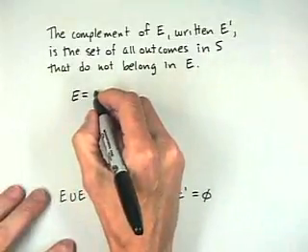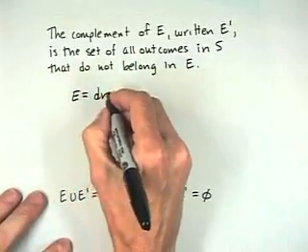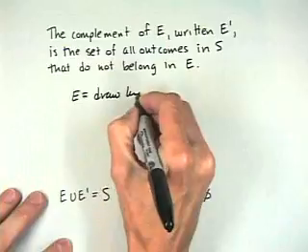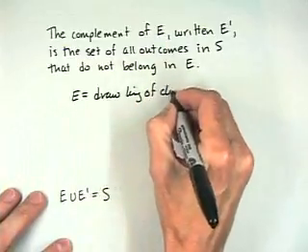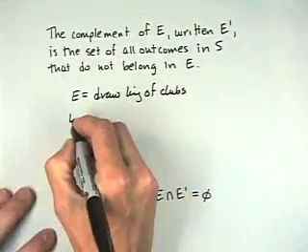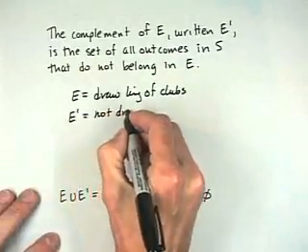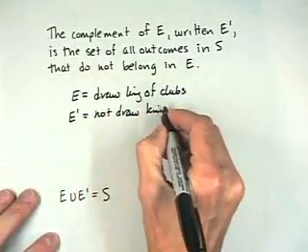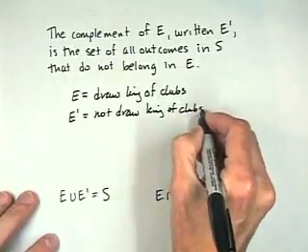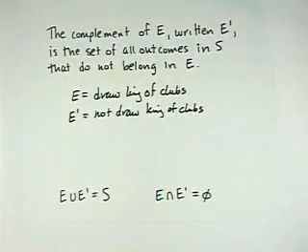Suppose that our event is that you draw the king of clubs. Then the complement of that event would be that you do not draw the king of clubs if you draw one card out of the deck.